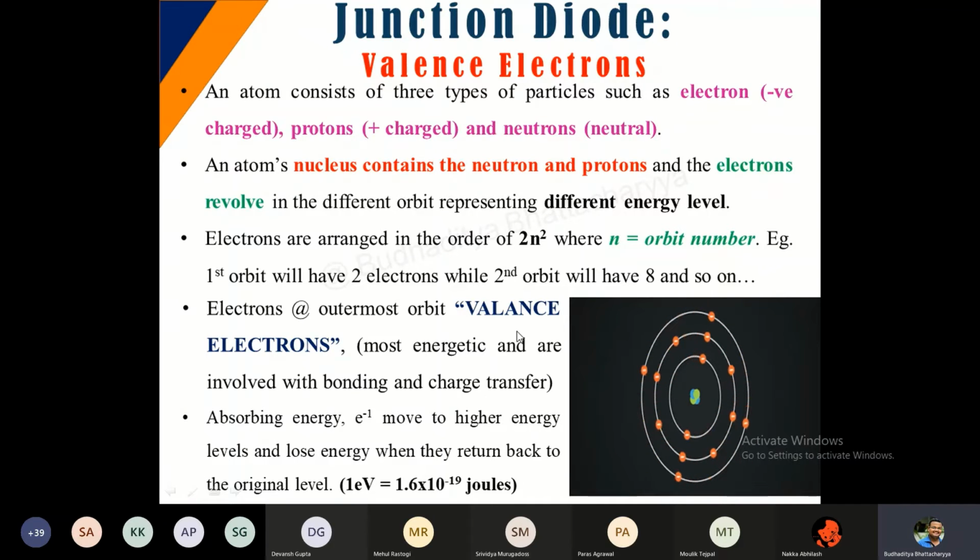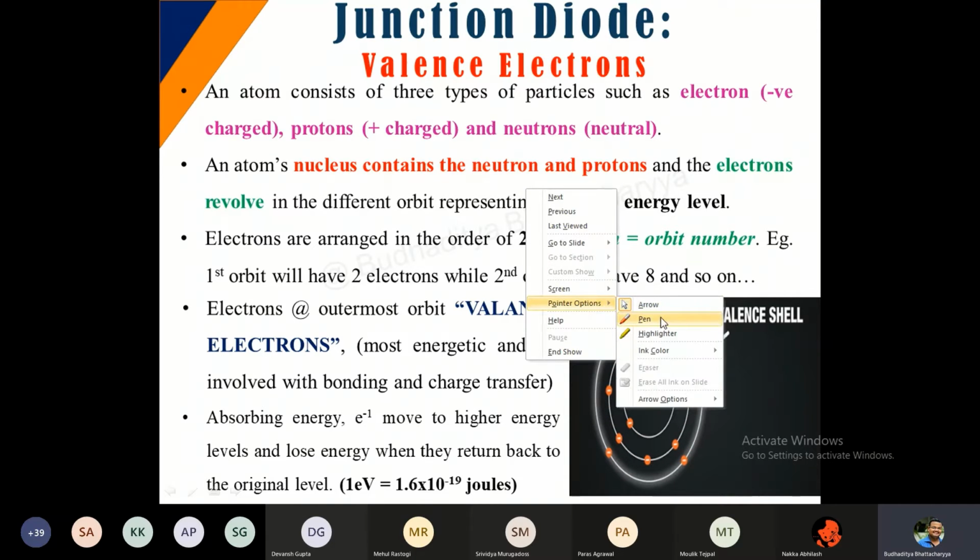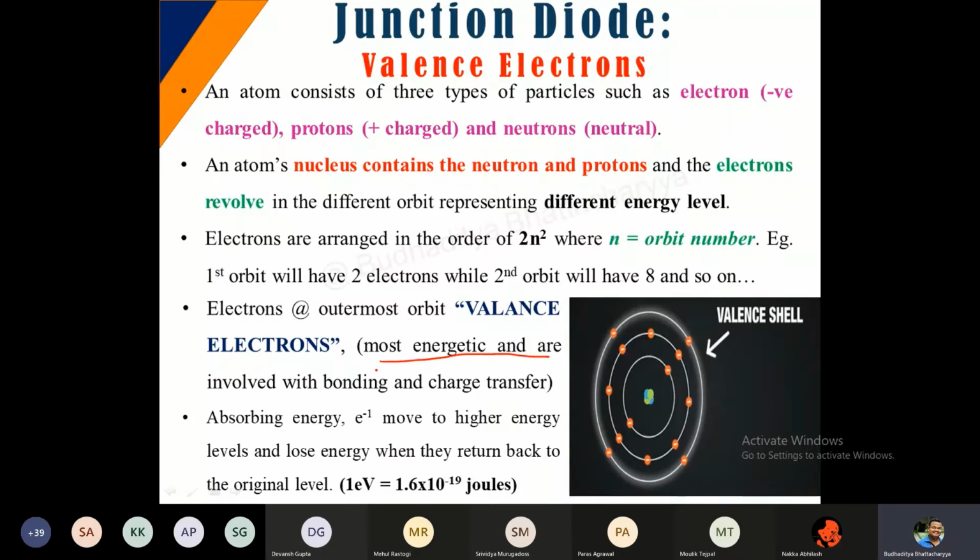Because the valence electrons residing on the outermost shell are the most energetic and are involved with bonding and charge transfer. That is very essential, because bonding and charge transfer are the key to all the elements we are talking about with respect to the diode.